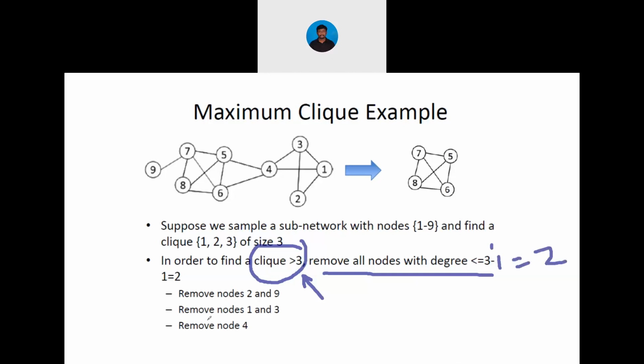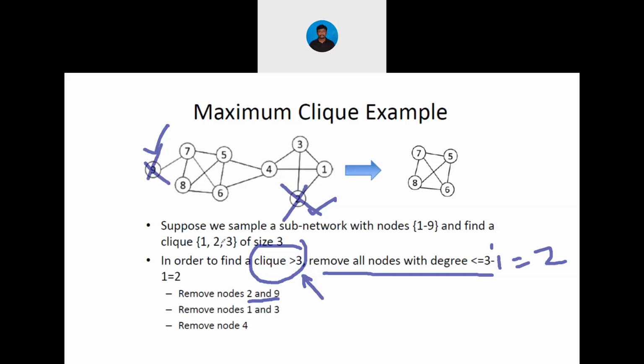So here I am removing the nodes 2 and 9. Why am I removing 2 and 9 here? Because they have a degree which is less than 3 minus 1. So I am removing 2 and also 9, right?